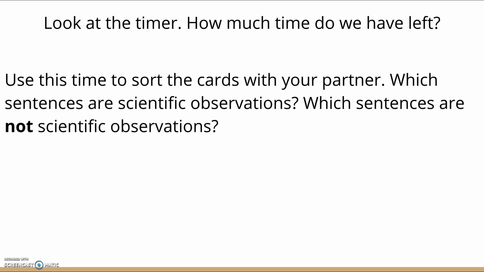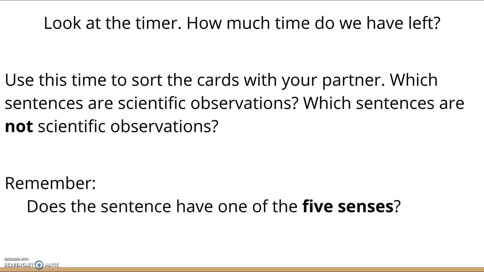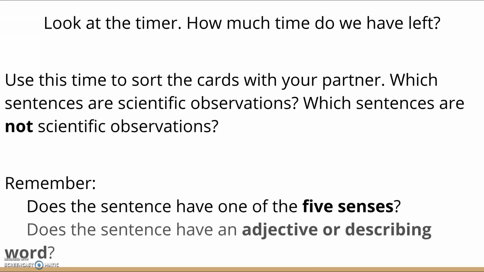So your job now, with the time you have left, is to sort through which sentences are scientific observations, which sentences are not scientific observations. Remember, we're using does the sentence have one of the 5 senses, and does the sentence have an adjective or describing word with it. Go ahead and pause this video so you can sort through those cards.